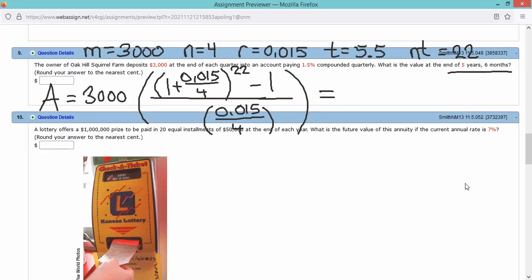So 3,000 times the numerator. Here we get a value of 6864.89. So far, we've just been filling out this formula repeatedly.